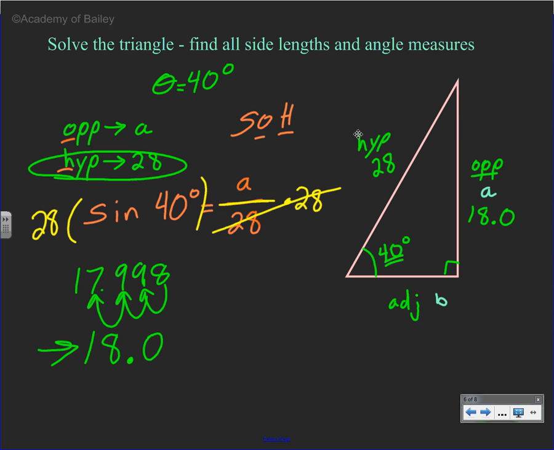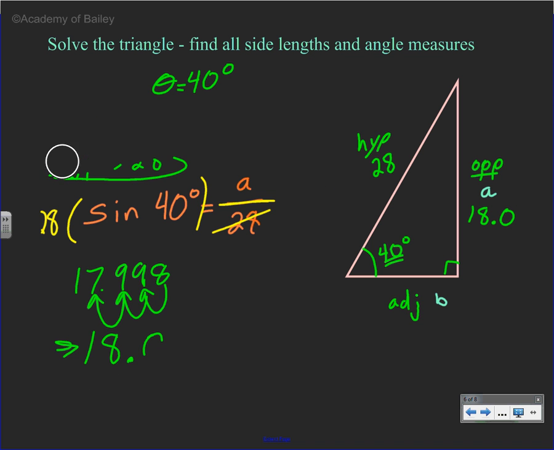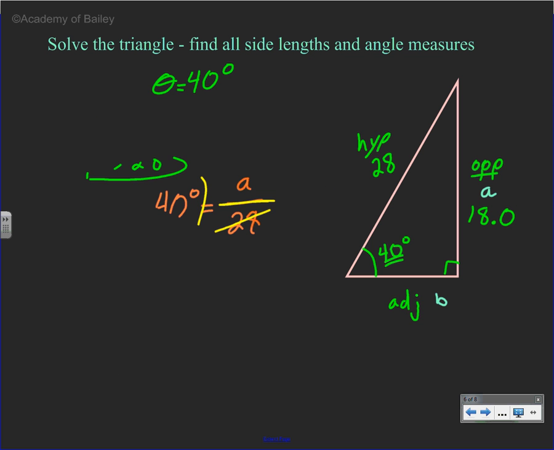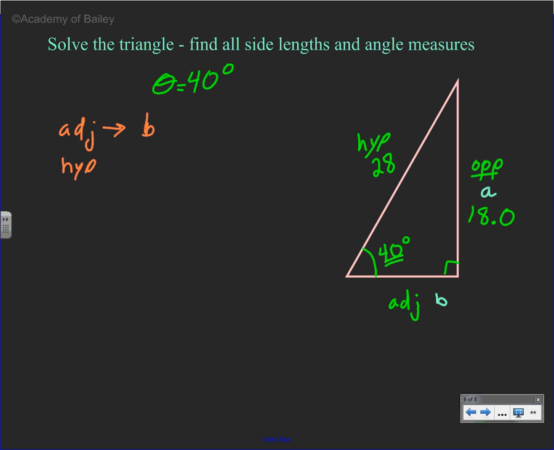Let me go ahead and erase some of this work. Alright, now we need to find the adjacent side. So we need to calculate adjacent, which is B. We know the hypotenuse, which is 28, and which trig function are we going to be using?